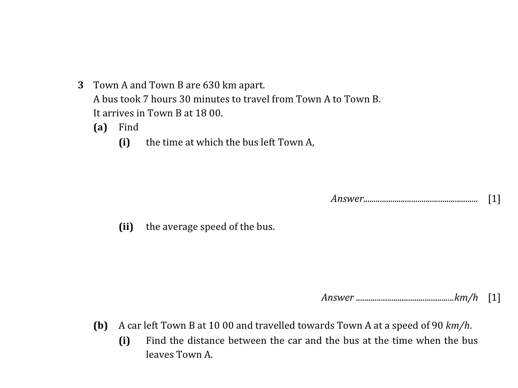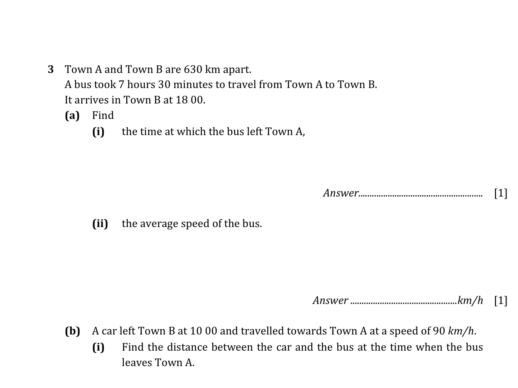Okay, question 3, it says that I have two towns that were 630 kilometers apart. It took the bus 7 hours 30 minutes to get to town A. So it is actually 6 o'clock now.